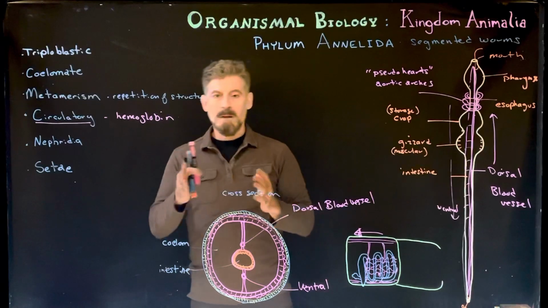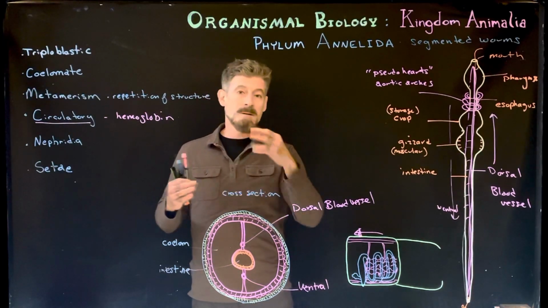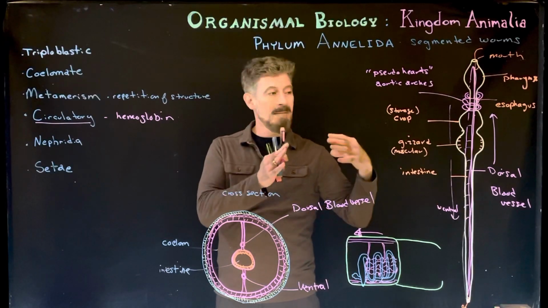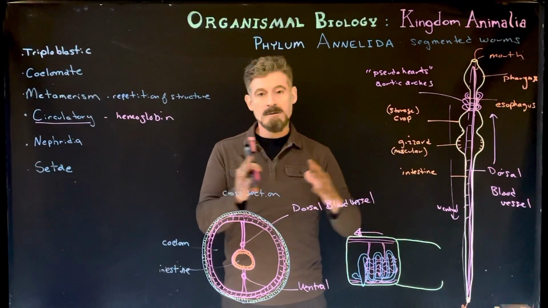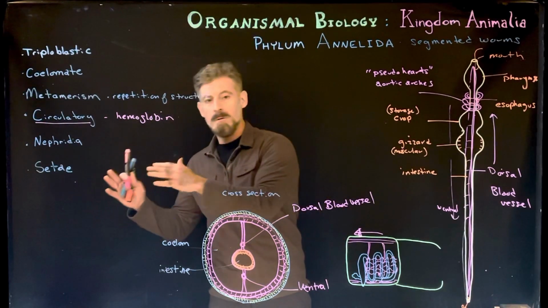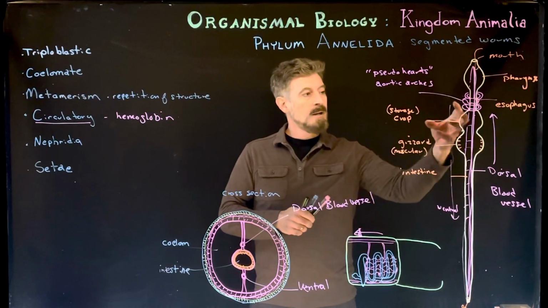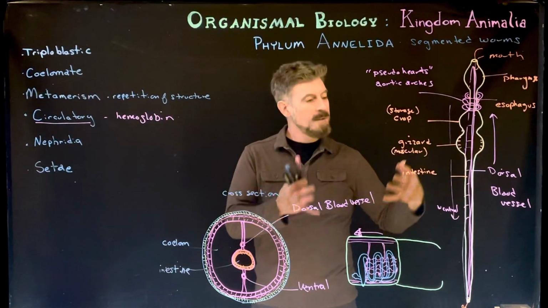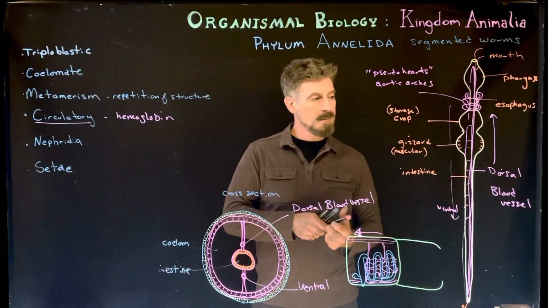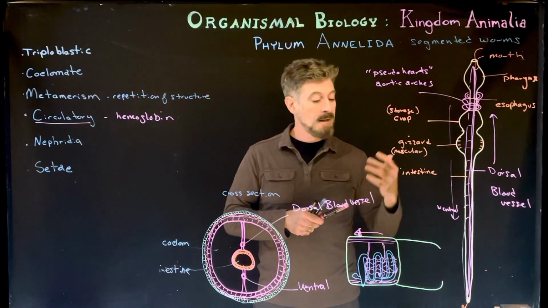However, it's not like our circulatory system, which is very directional with valves that shut off so we can't have backflow. There are no valves there, so there's a lot of backflow. The blood moves and then moves back, and then moves and moves back. So it's not exactly the way our system is. It's its own primitive system, but it's the beginning of the types of circulatory systems we see in other animals.